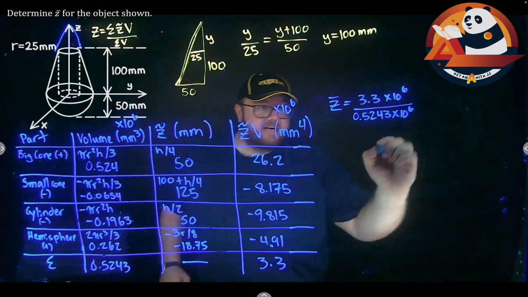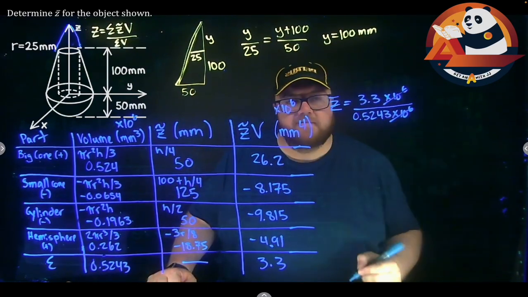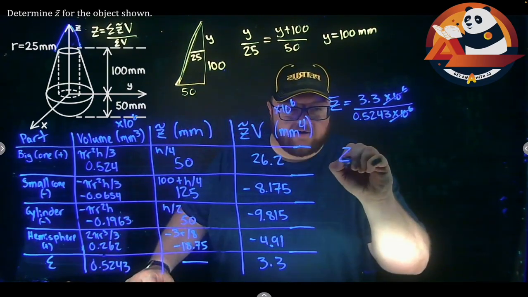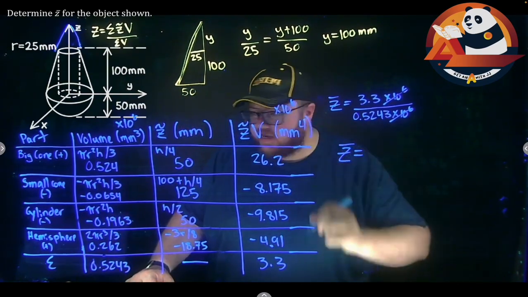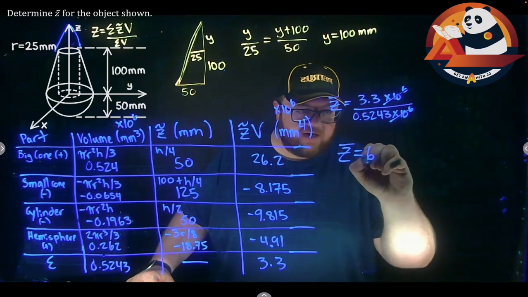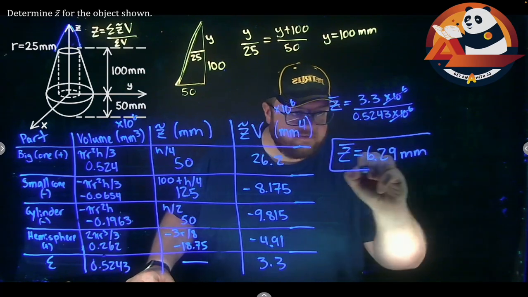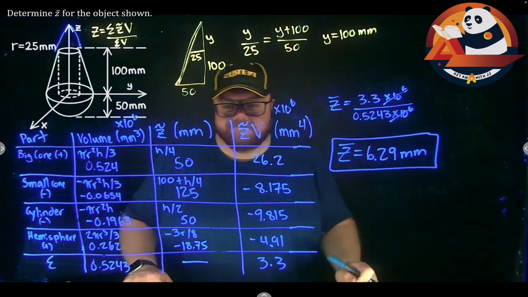Those times 10 to the 6th are going to cancel out, and we have just 3.3 over 0.5243. Our z bar we end up getting is 6.29 millimeters, which would be our final answer in here.